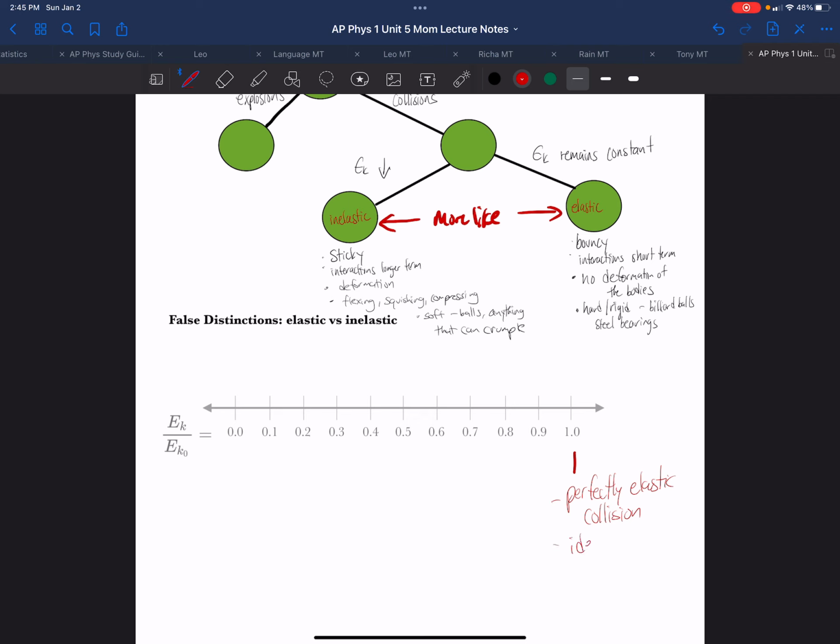It is ideal. It means that no kinetic energy was converted into thermal energy or vibrational energy or gravitational potential energy or any other kind of interaction. It is ideal, which means it never happens.